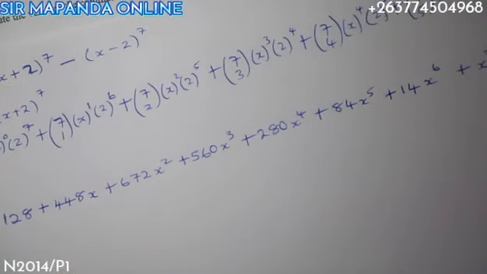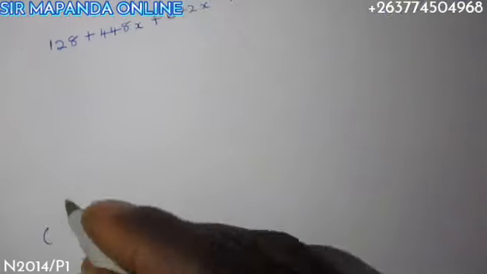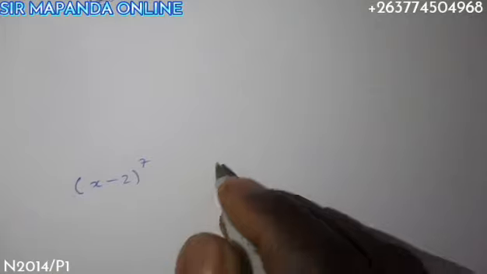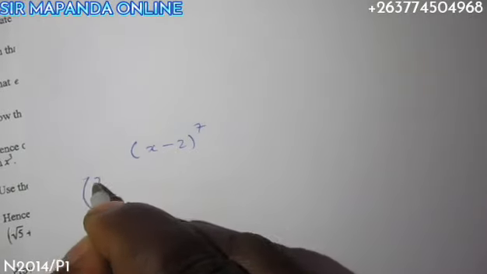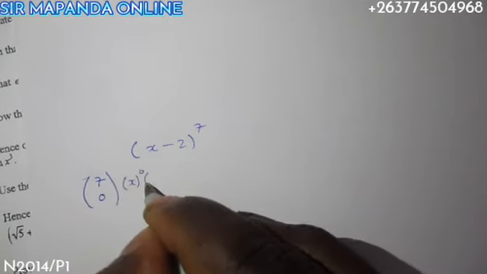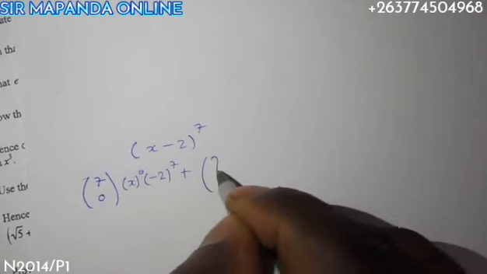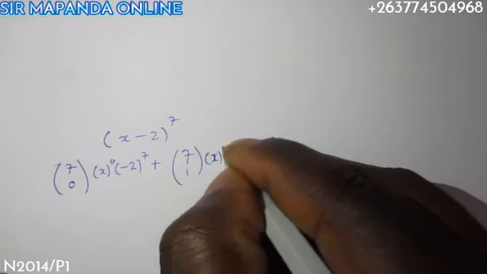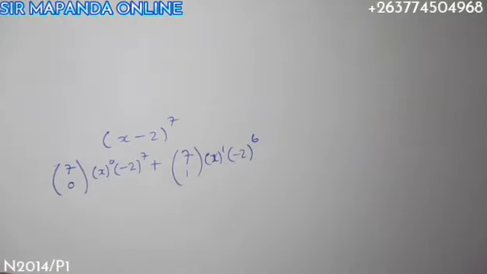Right, then I'm now expanding the second one, which is x minus 2 to the power of 7. Same applies. You have 7 choose 0, x to the power of 0 times minus 2 to the power of 7, plus 7 choose 1, this is x to the power of 1 times minus 2 to the power of 6.